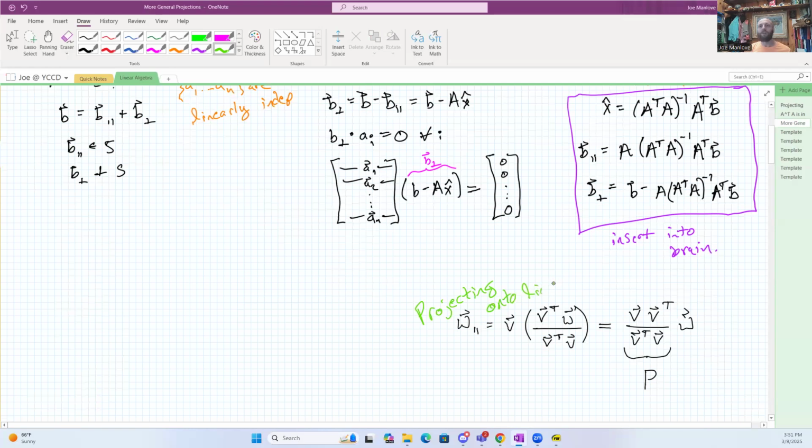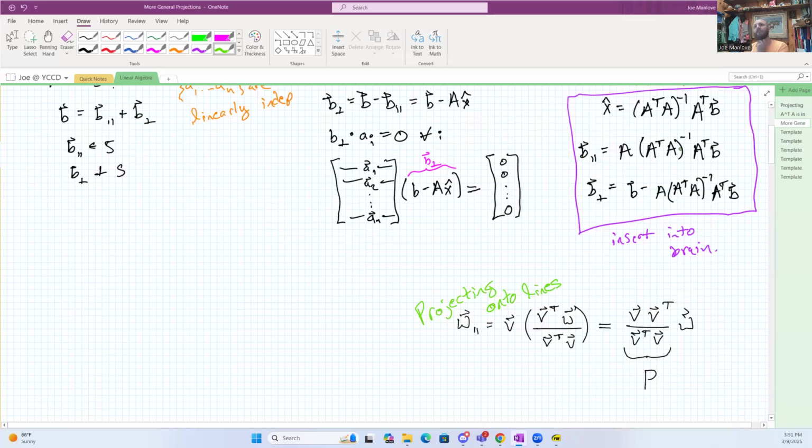I just want you to notice how similar this looks. This was me writing a formula for W parallel, and here I've got this business. That bears a great deal of resemblance to this guy, except that here I'm allowed to divide by V transpose V. That's because V transpose V was a scalar.